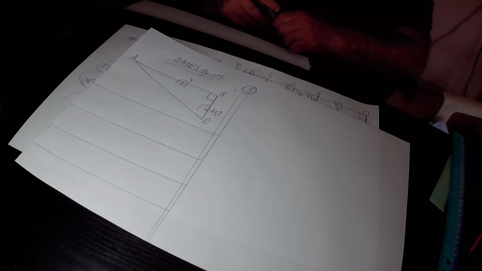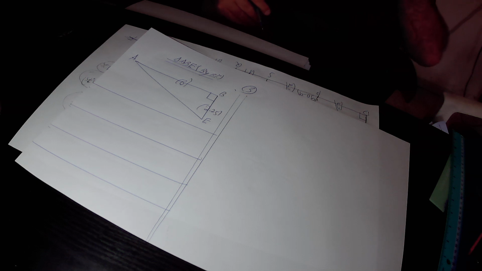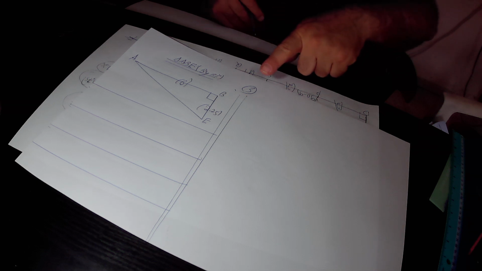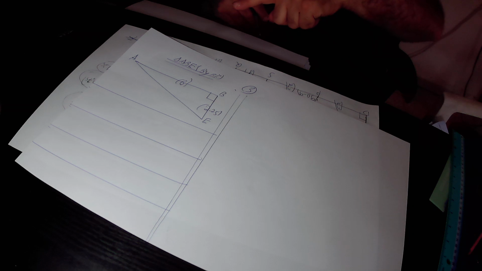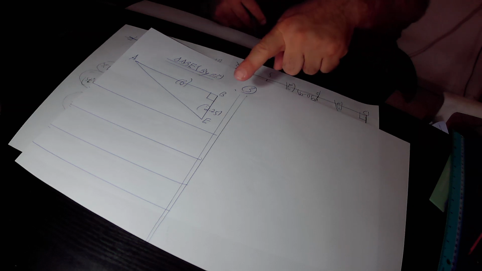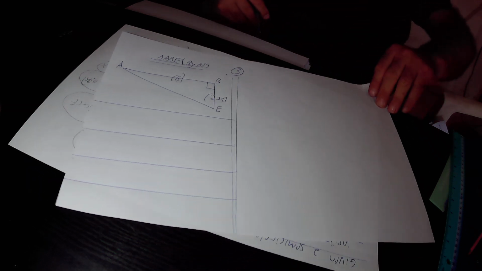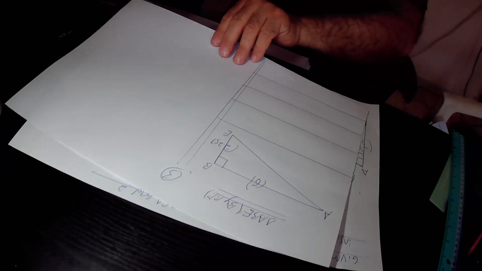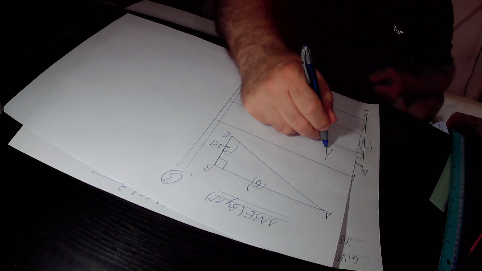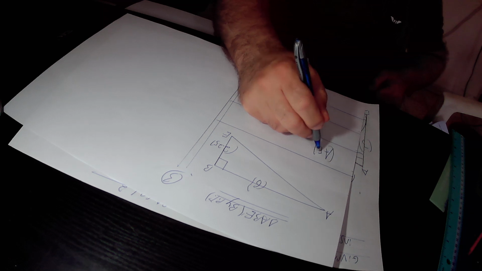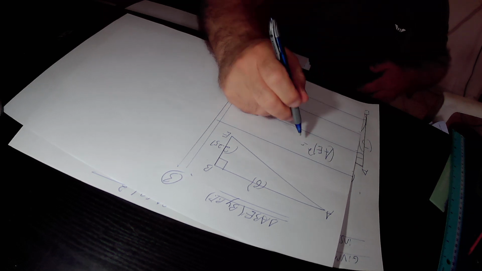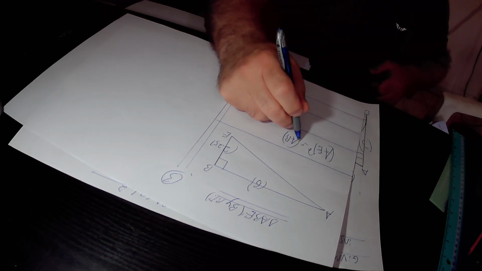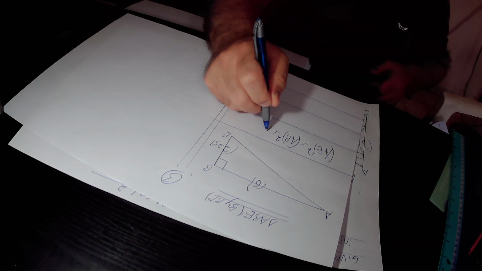According to the Pythagoras theorem, in this right triangle ABE, AE squared equals AB squared plus BE squared. So I write it down: AE squared, the square of the hypotenuse, equals AB squared plus BE squared.